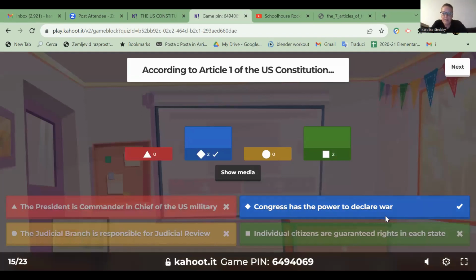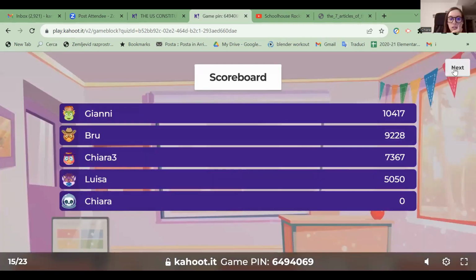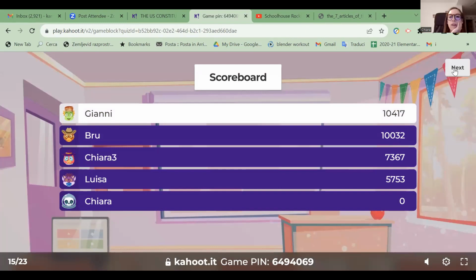So in the first article, I didn't mention this when I was talking, but it talks about the legislative branch, and the legislative branch, of course, is Congress, and they have the right to declare war. Sorry.